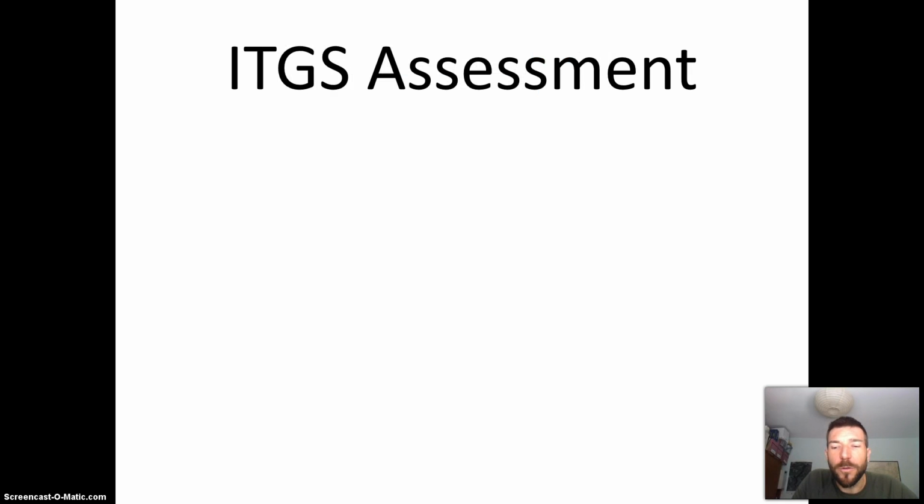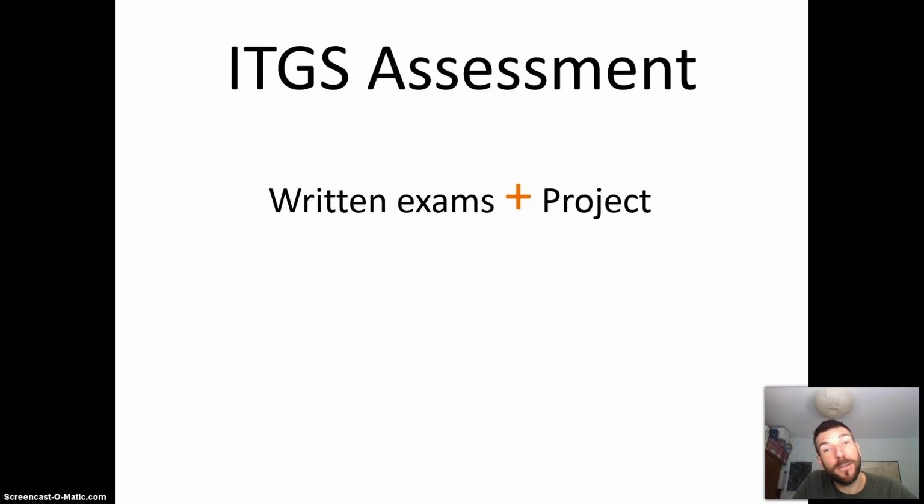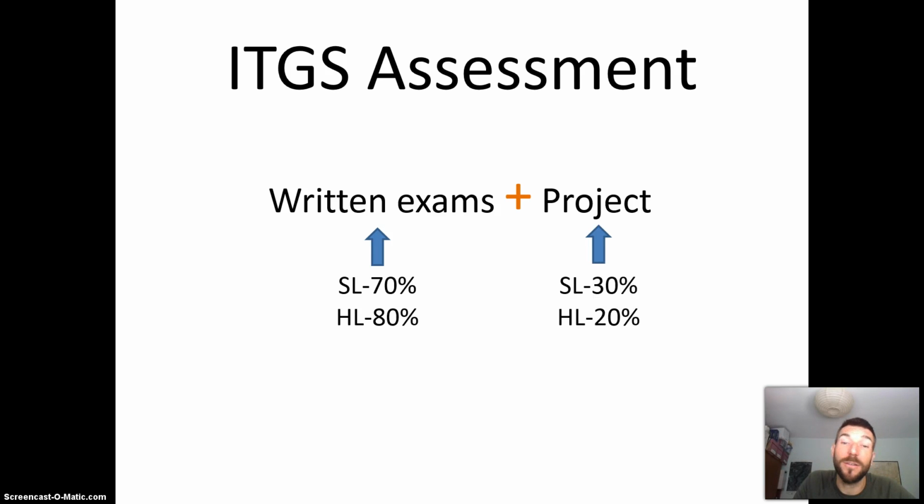So the assessment of the course is based around written exams and internally assessed work, IAs. In our case, a project. Written exams are 70% at standard level and 80% at higher level, which means that the project at standard level is 30% and at higher level is 20%.